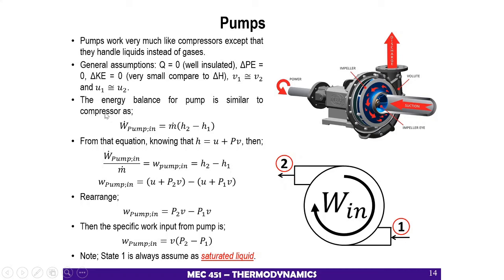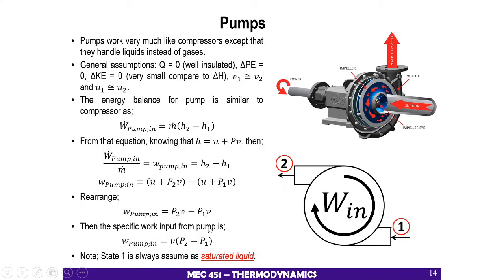Thus your general equation is the pump required work in. So work pump in is equal to mass times change in enthalpy. Knowing that enthalpy is internal energy plus PV, pressure times volume, we substitute this into the general equation. We have work pump in is U plus PV minus U plus P1 V, with P1 the inlet pressure.